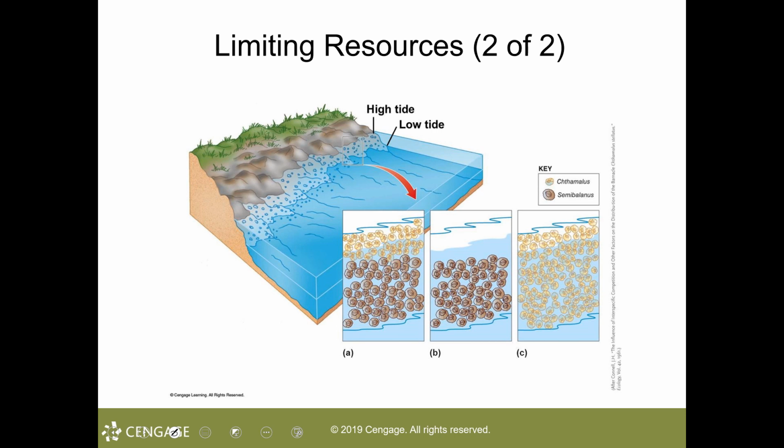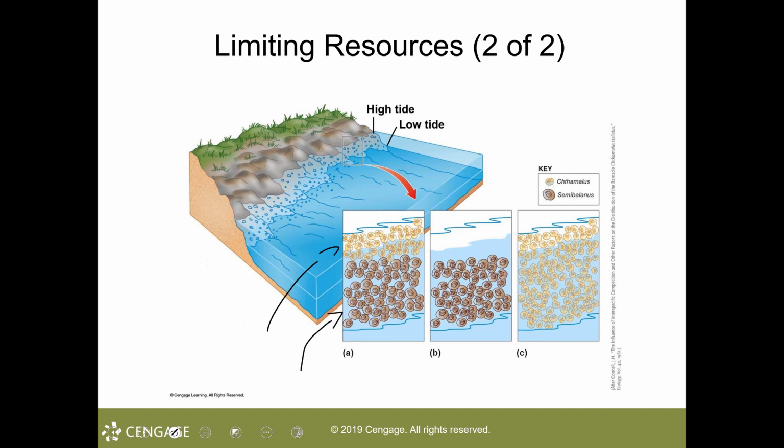Barnacles are sessile crustaceans whose bodies are covered by a shell of calcium carbonate. When the shell is open, their feathery appendages extend to filter food from the water. As you can see here, you have the Chthamalus and the Semibalanus species. One is a tan color, and the other is a brown color.